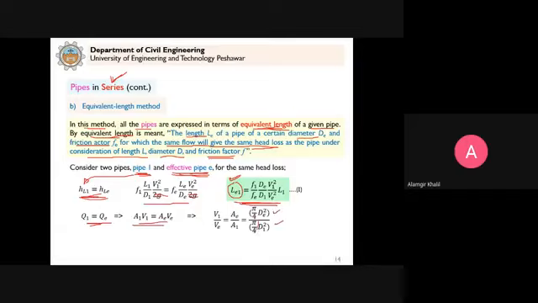So you can see here this pi by 4 will cancel out, and we can write this in the form of equation 2. Now this equation 2 we can bring and put here. You can see here V1 square divided by VE square. So if we put these values you will get this expression for LE1.